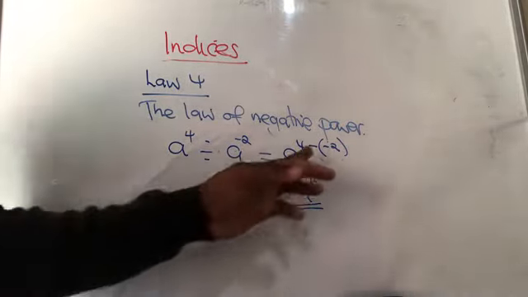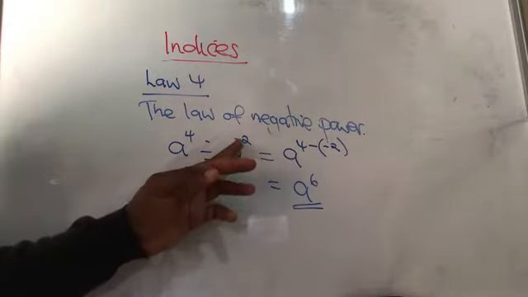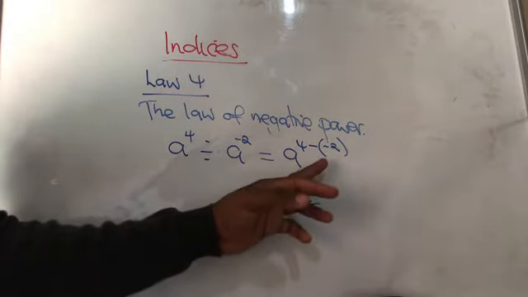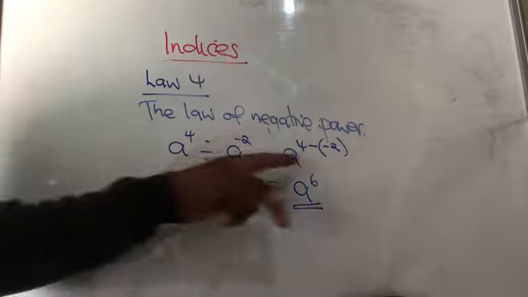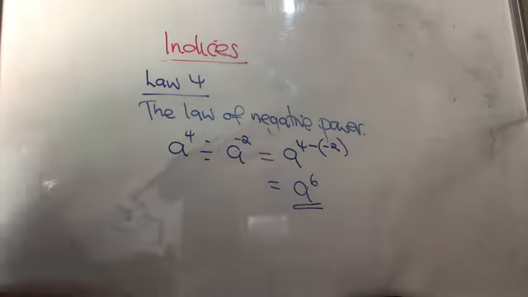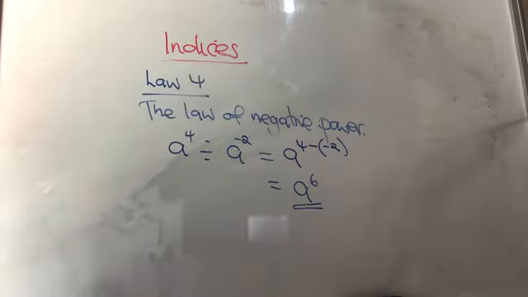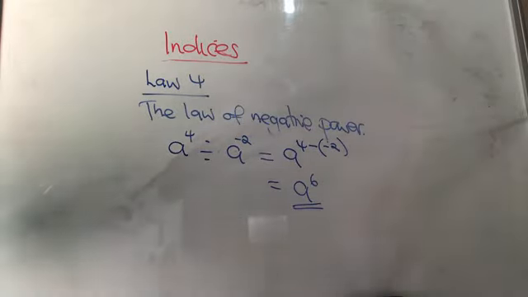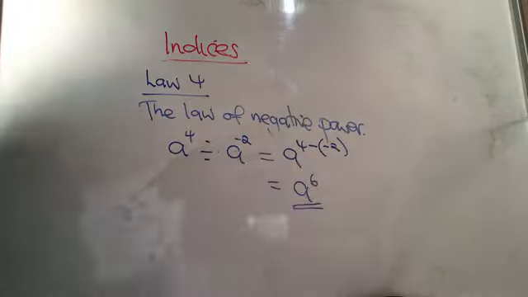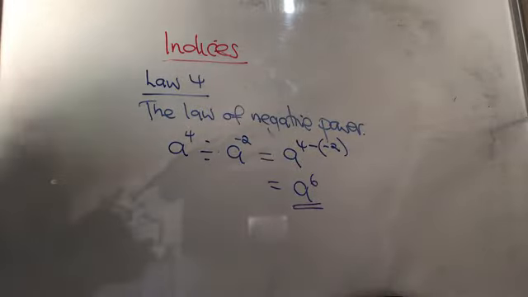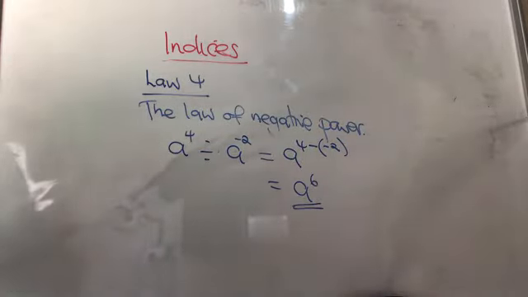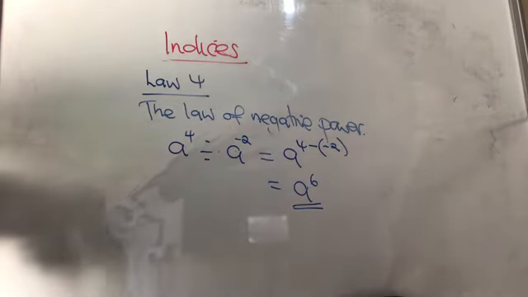Remember there is a fixed minus. If there was a 2 here, you say 4 minus 2 and you get 2. But because we have a negative 2, we have to respect the directed numbers, minus and minus, and we get 6. So if you know that you have problems with directed numbers, you have to find help, because this is serious.